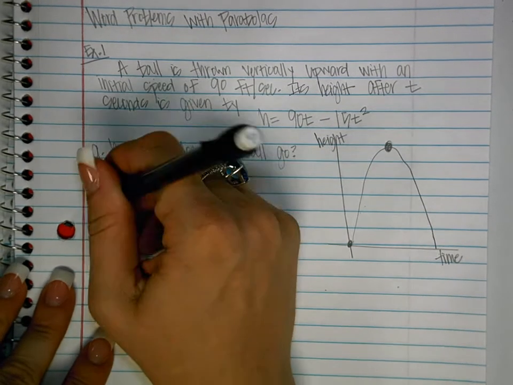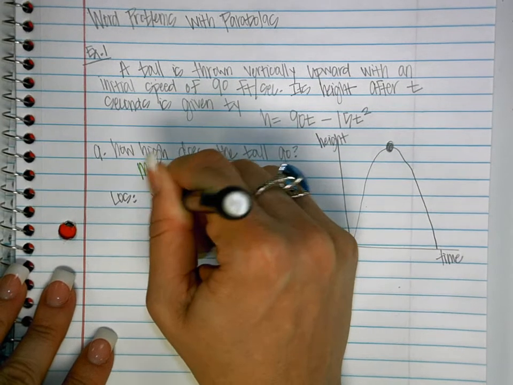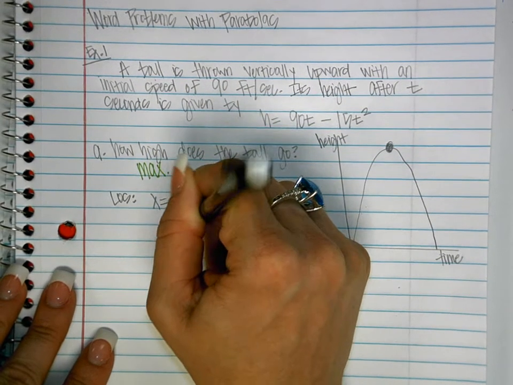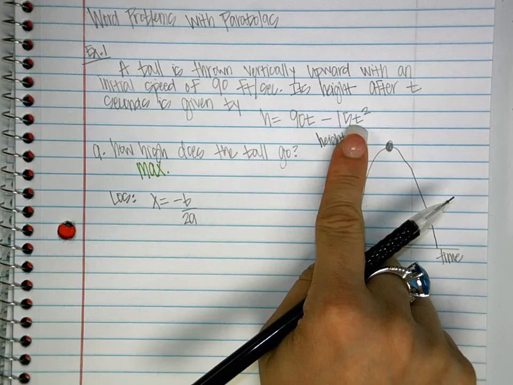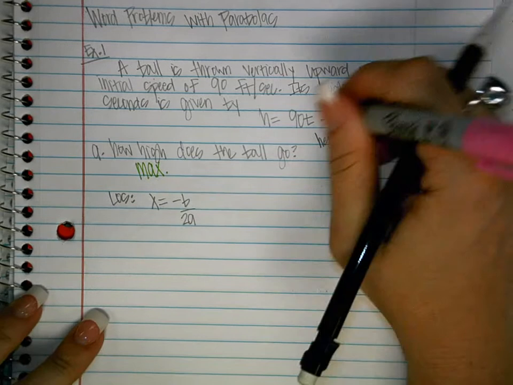We will start by finding the line of symmetry, x equals negative b over 2a. This is not written in ABC form, so we're going to start by labeling your ABCs.